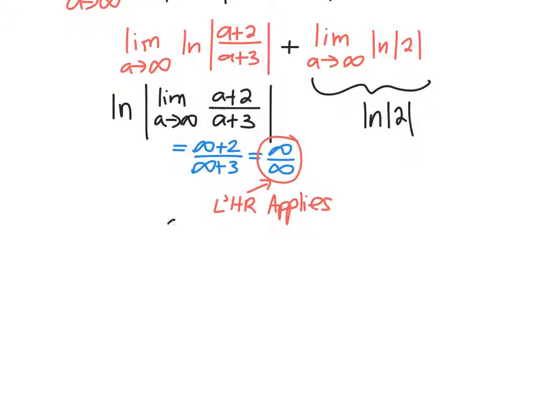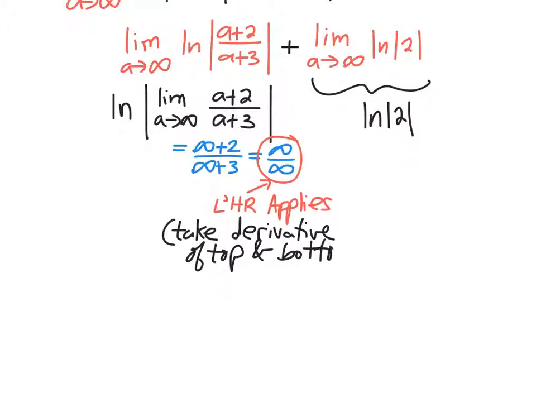It means you can take the derivative of top and bottom and reapply the limit. Handwriting is shot now. Limit. Take the derivative of the top and bottom and reapply the limit. All right.